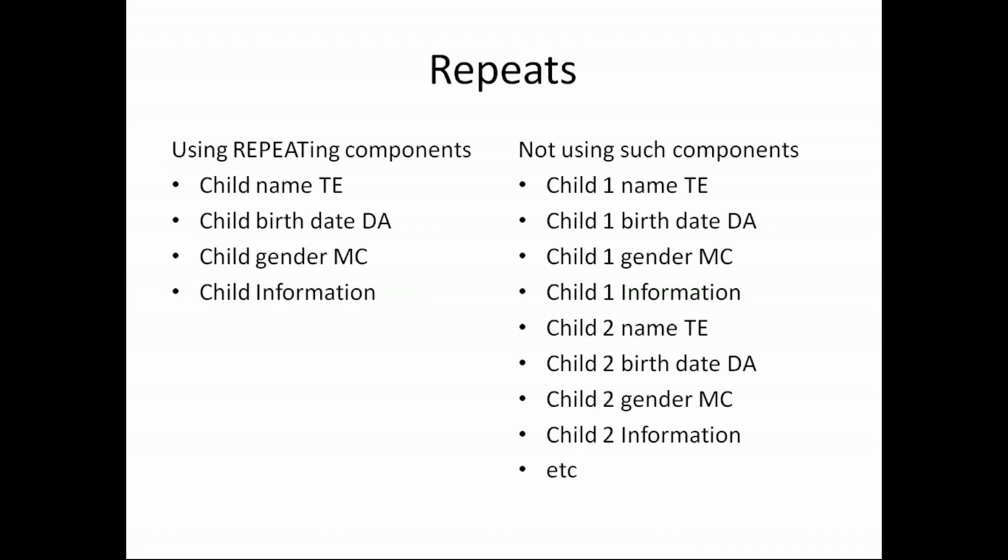One quick example is repetition. Again, as a beginning developer, people often are not inclined to use the repetition functionality built into HotDocs, so they might be doing the kind of thing we have here on the right-hand side, where if you know you need to have more than one child identified in a matter, you create variables for every possible iteration.